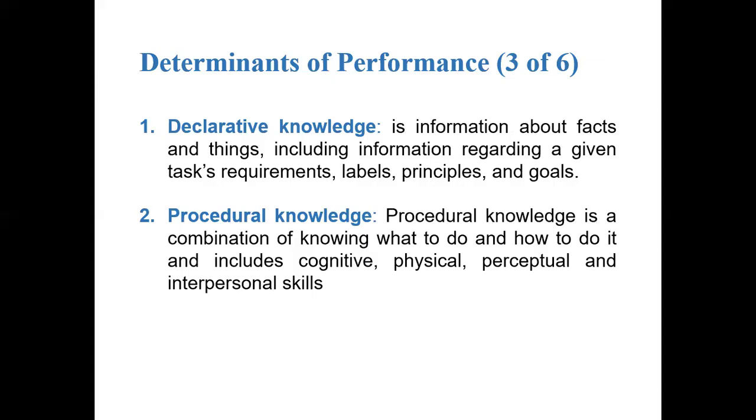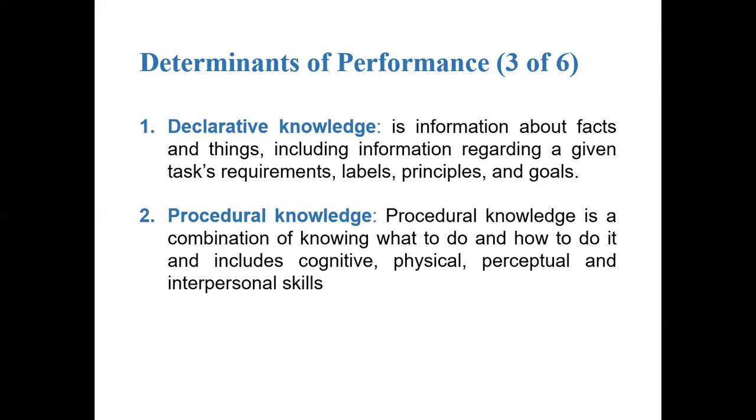Now, declarative knowledge is information about facts and things, including information regarding a given task, requirements, labels, principles, and goals. So these ones are usually very objective. Call it the book way of doing things, or the things that are stated out clearly in the text, or the manual of how to do something, maybe the basics of how to be a sales manager, or the basics of how to be a procurement manager, the basics of lecturing.